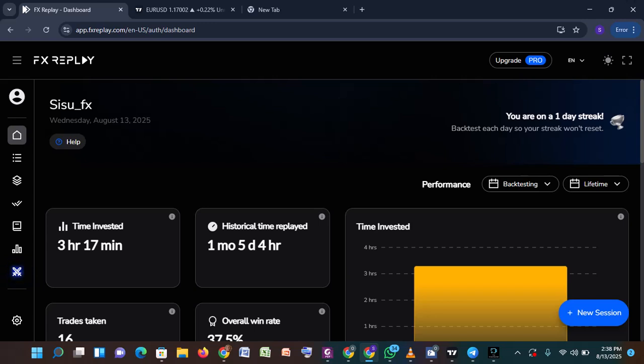It is good and great to have higher win rates, as it's going to reduce your emotions. You have confidence, because when you're on a losing streak, it can affect your emotions. But if you have higher win rates, that means you will lose fewer trades and win more trades. So this helps to boost your emotions.